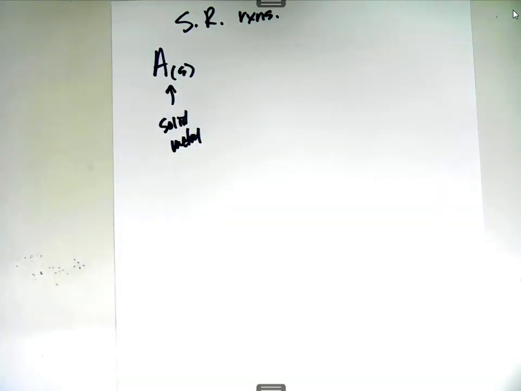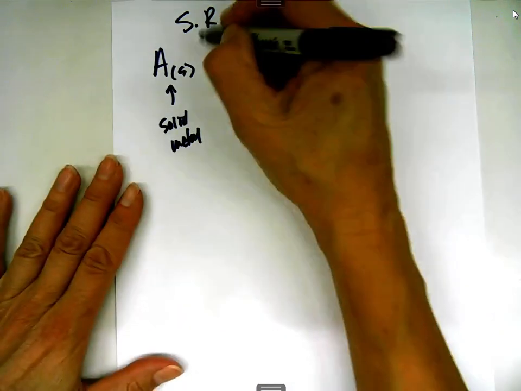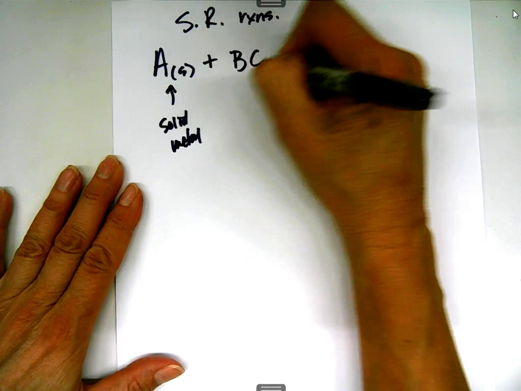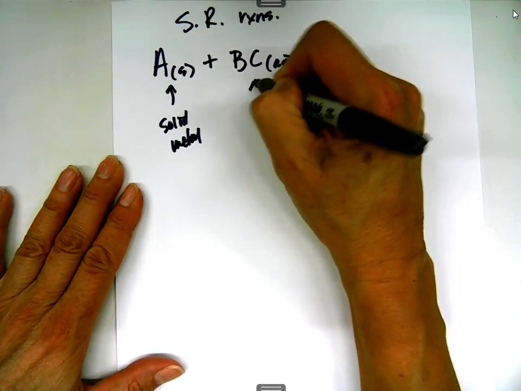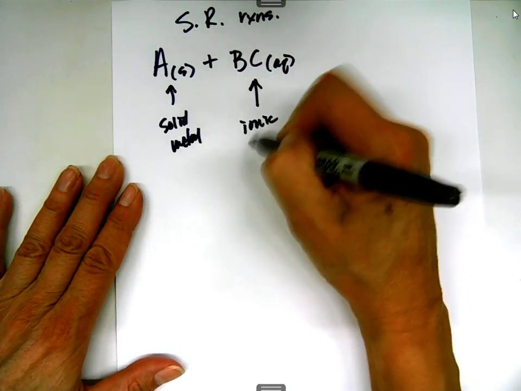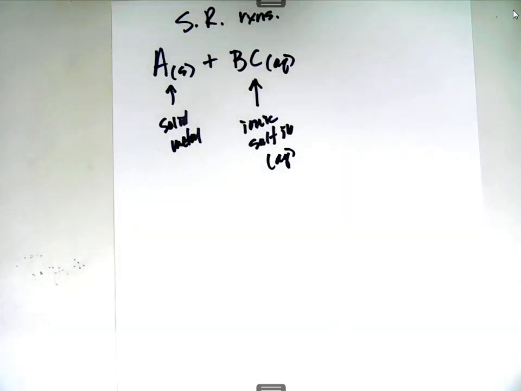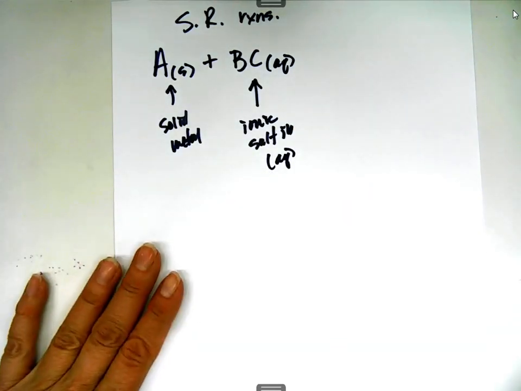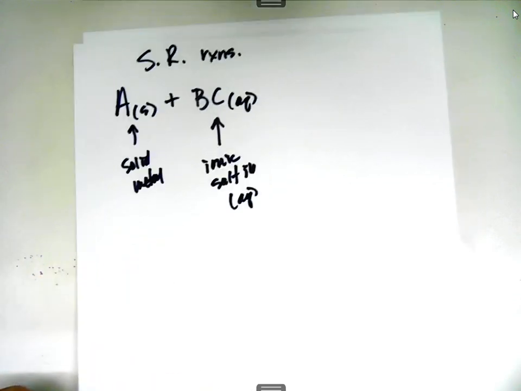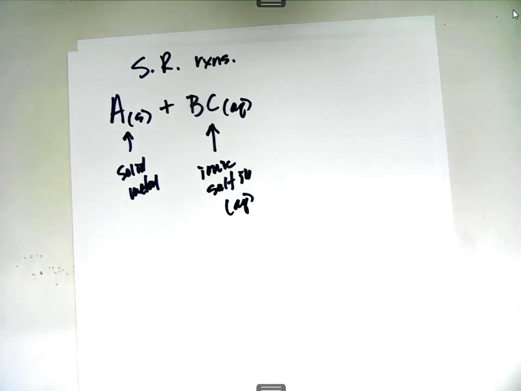Whenever you see a metal with an S next to it, it's just like you would find on the ground, a hunk of copper, a hunk of iron, a hunk of aluminum. You're going to put it into some aqueous solution, so some ionic salt in aqueous solution. That means you've got an ionic salt, you put it into aqueous solution, and now you have the ions floating around. So that would be the symbolic representation.